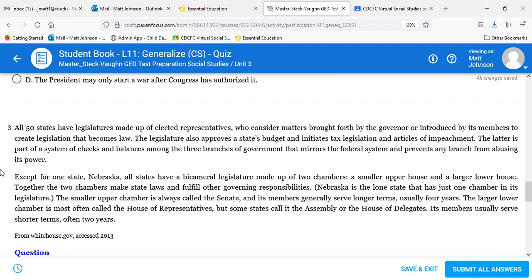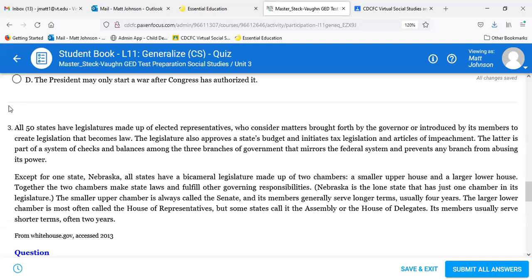The legislature also approves a state budget and initiates tax legislation and articles of impeachment. The latter is part of a system of checks and balances among the three branches of government that mirrors the federal system and prevents any branch from abusing its power, except for one state, Nebraska.